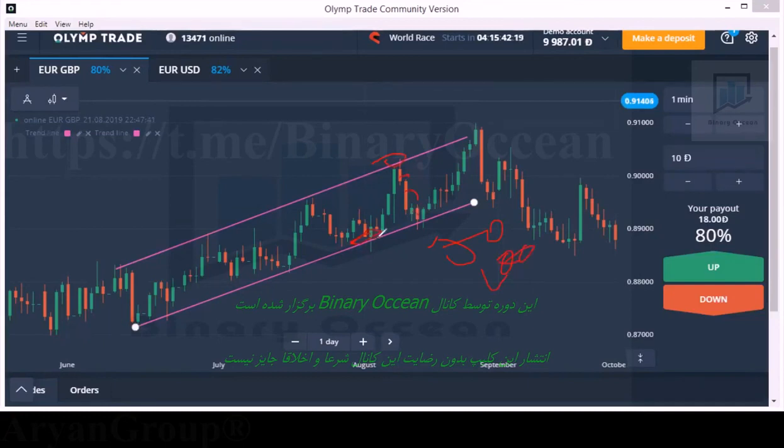If you enter here, after 5 days you will get more than $100 profit. So you will get more than 500% or more than 1000% profit after closing this trade, because this is a 1 day candle chart. So you will get more than 1000% profit if you enter with $10 here.